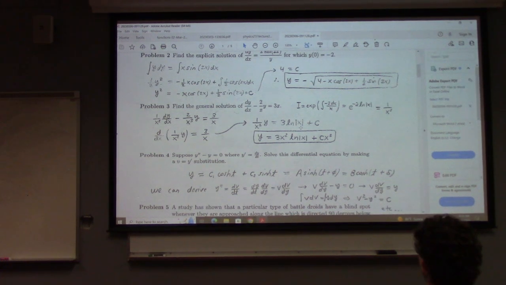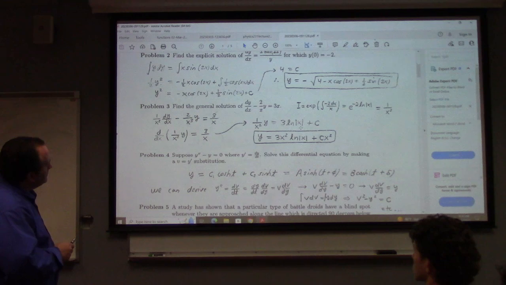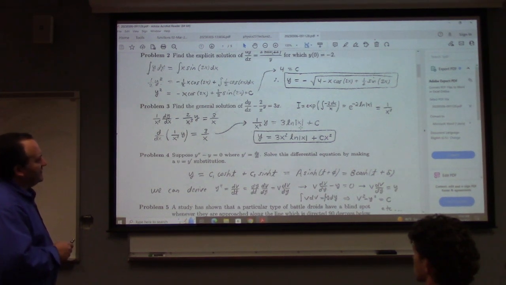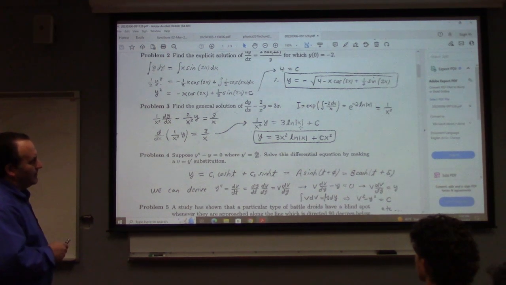If you have an initial condition and your y equals is like a square root, you need to multiply the whole equation by negative if it's negative. Otherwise, just leave it like it is. Student: I'm assuming you just choose a minus because y is equal to negative 2. That's right.